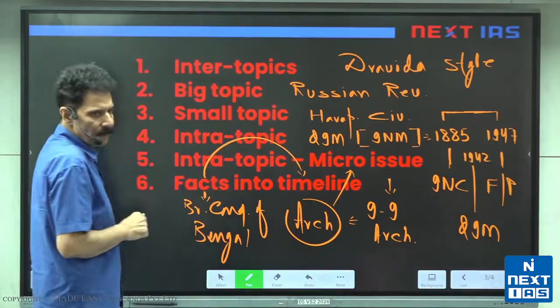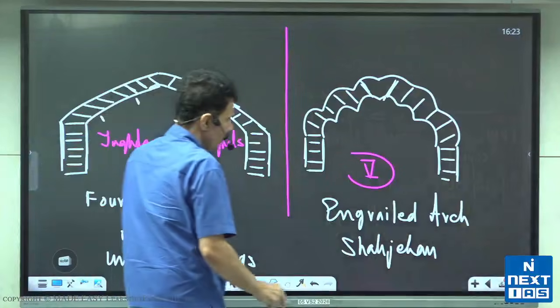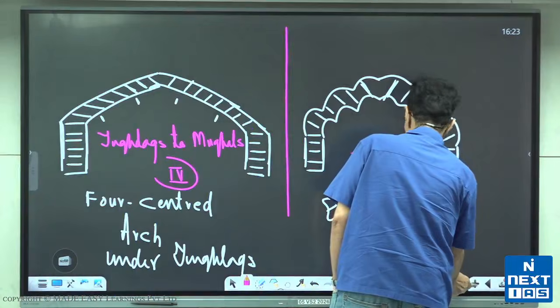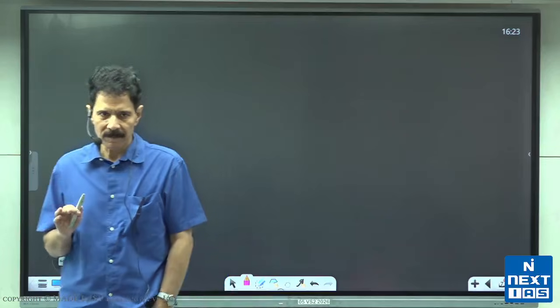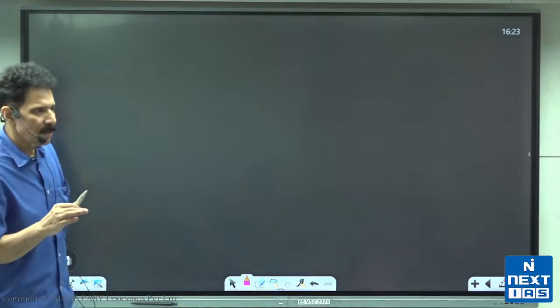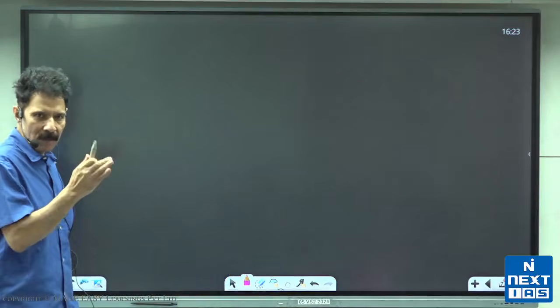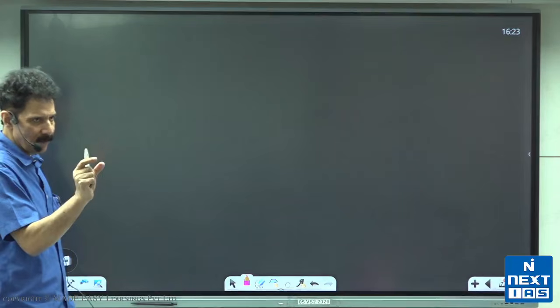Here, consider the first fact. The British conquest of Bengal began with the Battle of Plassey. The British victory in Plassey, 1757, marked the beginning of the British conquest of Bengal. Very simple. So this is a fact.